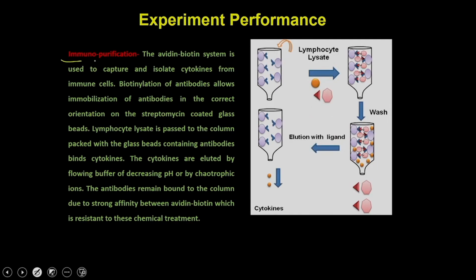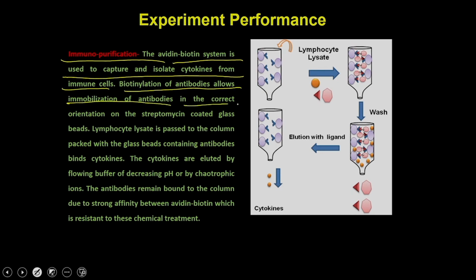In this, you can use an avidin-biotin kind of system to capture and isolate the cytokine from the immune cells. Biotinylated antibodies allow the immobilization of the antibodies in the correct orientation onto the streptavidin-coated glass beads.